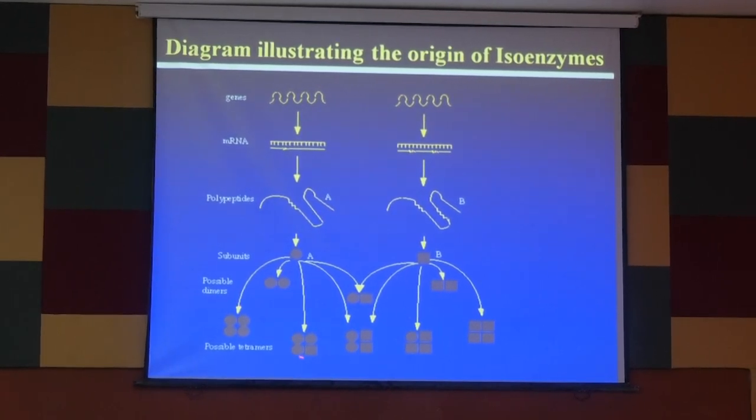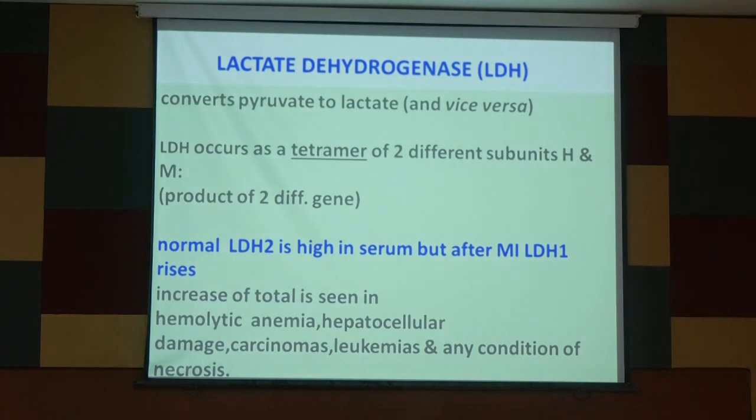Fine? In between, the dimeric forms are not active forms. These associations are possible, but they are not enzymatically active. Enzymatically active are only the tetramers: this one is H3M, this one is HM3, this is H2M2.